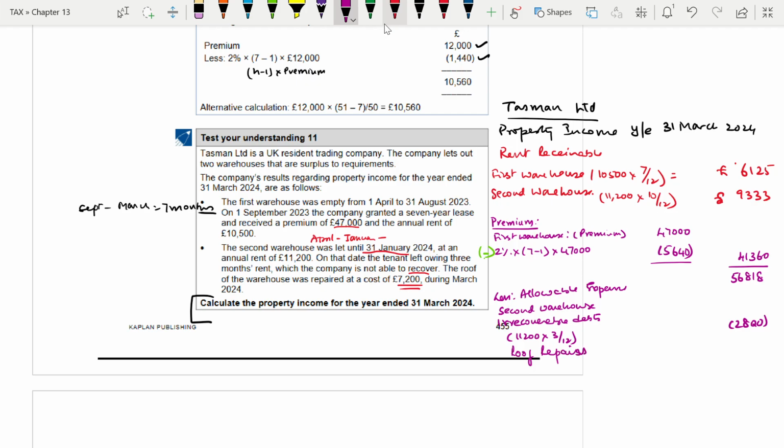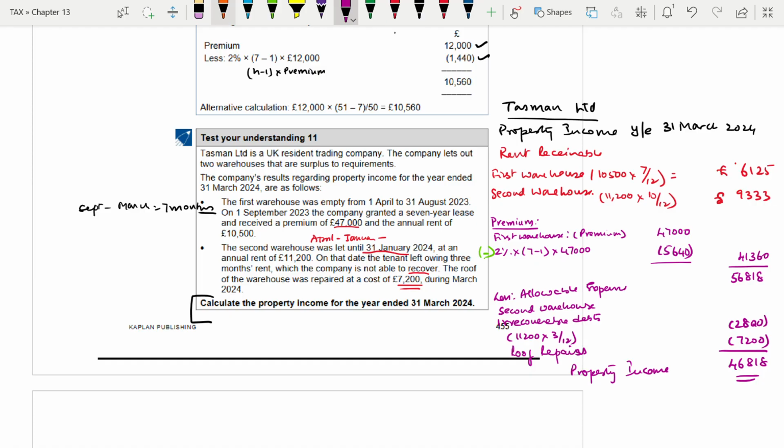How much have they done on roof repairs? 7,200. How much will you get? Tell me. Okay. $46,818.